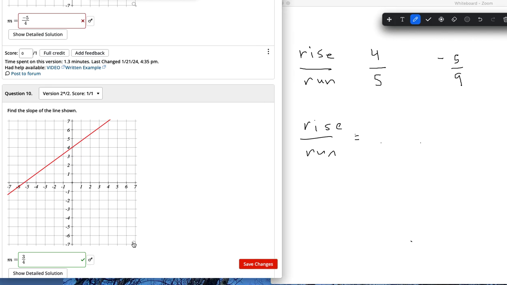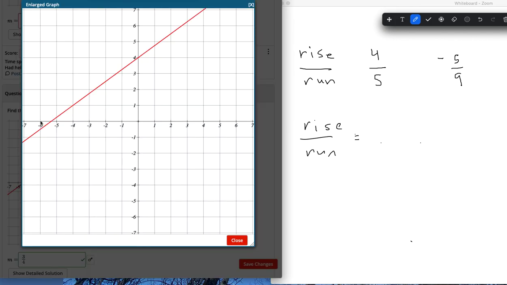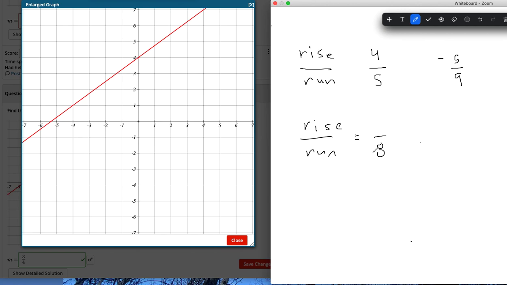So let me show you what that would look like in case this happens to you. Say I went from here, and I didn't notice that spot, and so I went up to here. That would be 1, 2, 3, 4, 5, 6, 7, 8 boxes for my run. And then 1, 2, 3, 4, 5, 6 boxes for my rise.